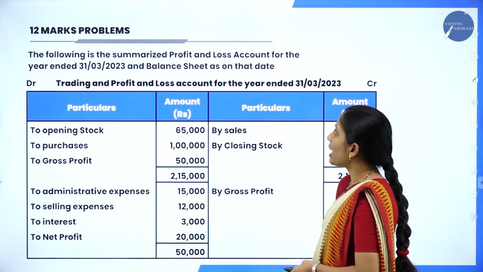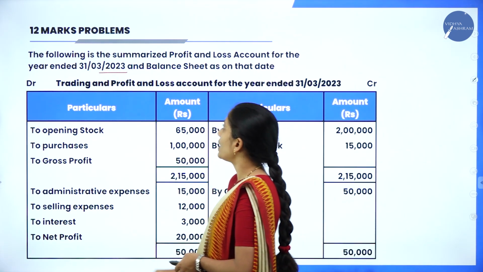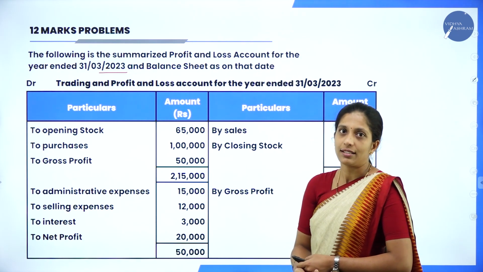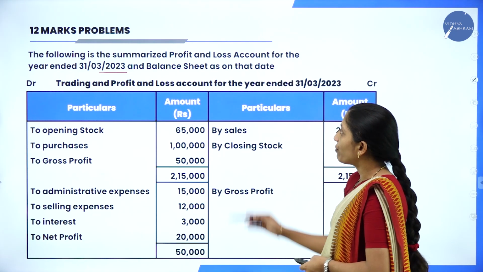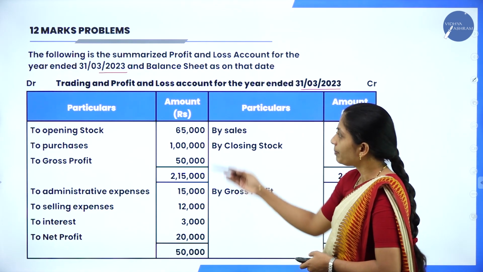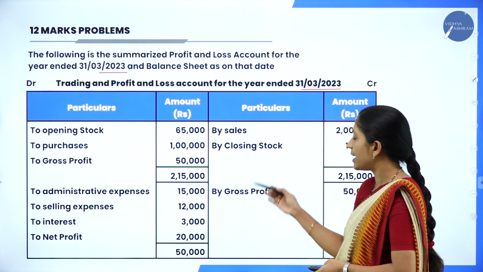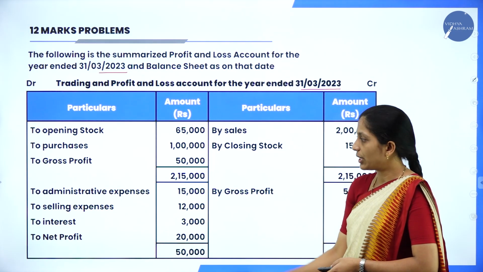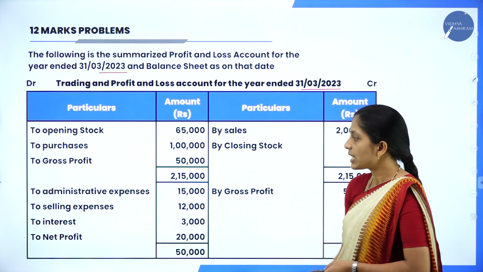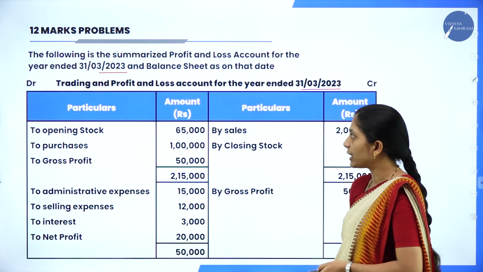The following is a summarized profit and loss account for the year ending 31st March 2023 and balance sheet as on that date. So the trading and profit and loss account for the year ending 31st March 2023 they have given, where we have opening stock, purchase, gross profit, and here sales, closing stock, administrative expenses, selling expenses, interest and net profit, and in the credit side we have gross profit here.